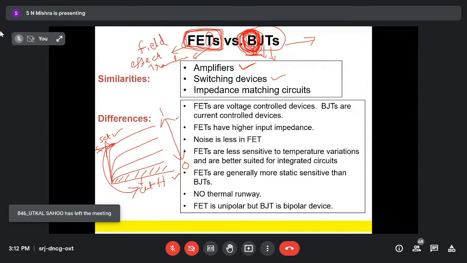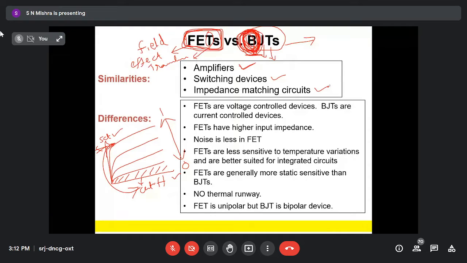So here also FET can be used as a switch because this is also one type of transistor. Next one is impedance matching. So what is impedance matching? I'll explain in the feedback circuit. For the time being, you just remember this impedance matching can be done by these transistors.